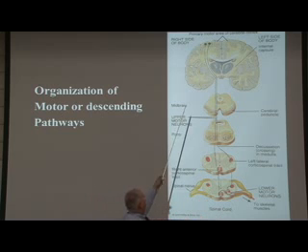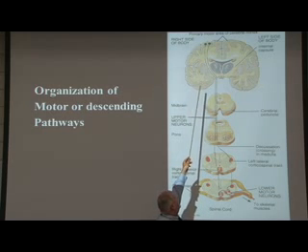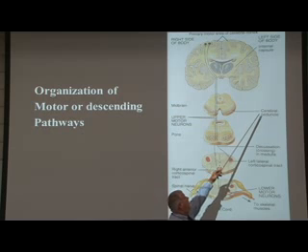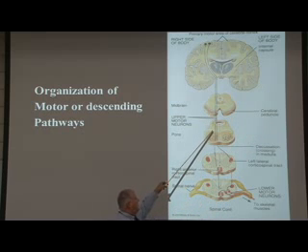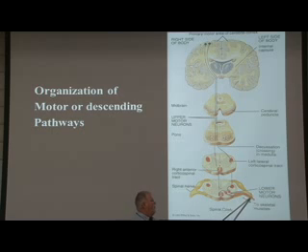And so what we're going to do then is have a cell body in the gray matter on the cerebral cortex, whose axon is going to pass down through the hemispheres, pass through the cerebral peduncle to get into the brainstem, pass down through the brainstem into the spinal cord, and then eventually it's going to synapse with the neuron whose cell body is in the ventral horn of the spinal cord. So this anterior portion of the gray matter of the spinal cord. And then its axon is going to exit and go out and become part of a peripheral nerve. That's eventually going to end up at a motor unit in a skeletal muscle that's going to make it contract.